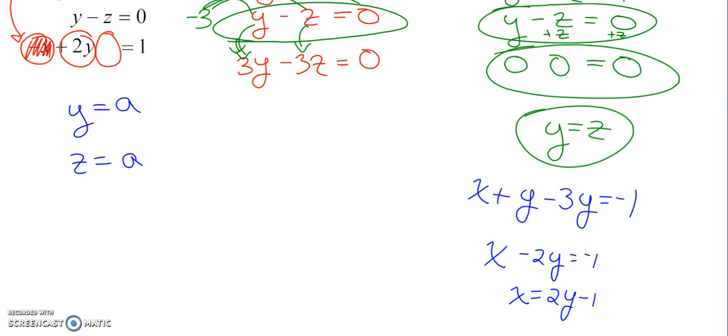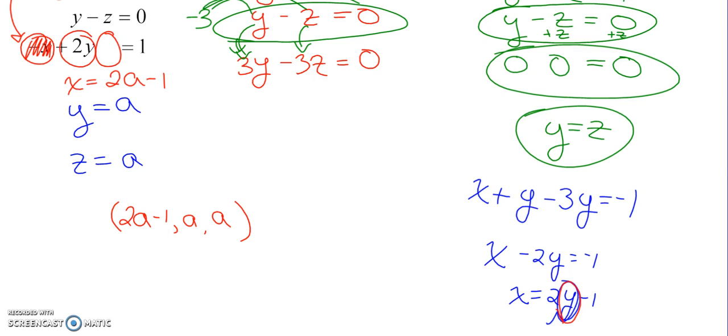And if I know y is a, well, over here I have another y. So I could have written x is equal to 2y minus 1, but now I'm going to write x is equal to 2a minus 1. So now I have a way to write my solution: 2a minus 1, comma a, comma a.